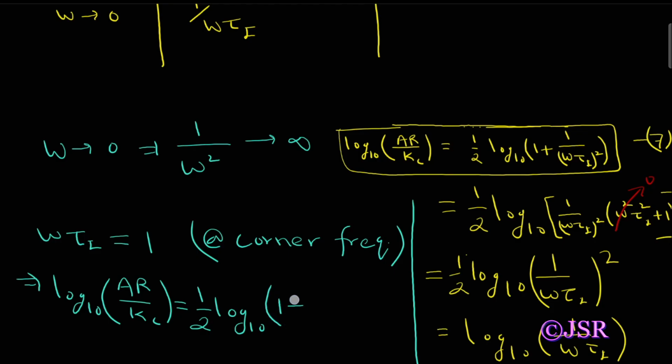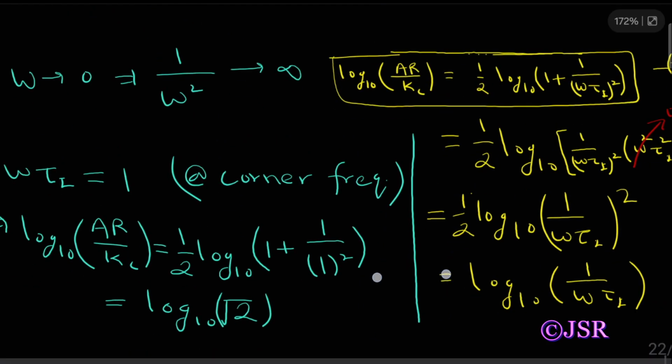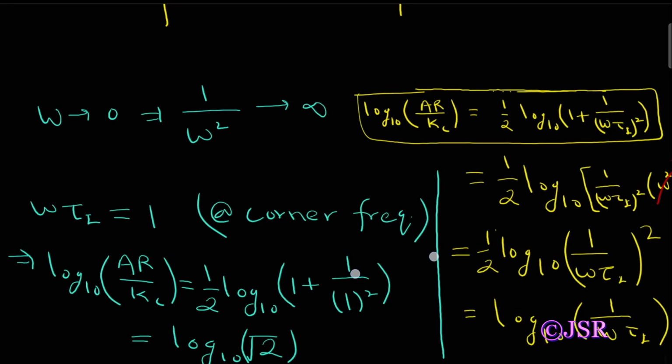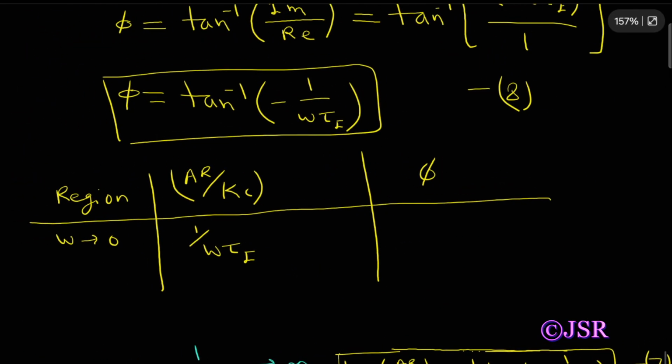So this will be 1 plus 1 upon 1 whole square, so this will be log 1 plus 1. So this will be log 10 of 2 under root. So it means AR by Kc equal to root 2.